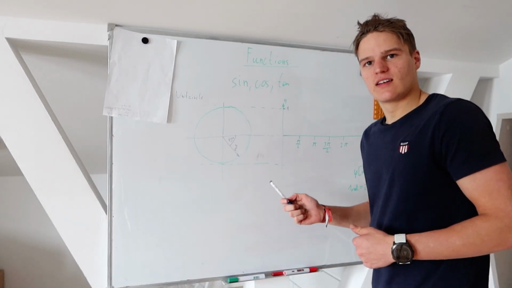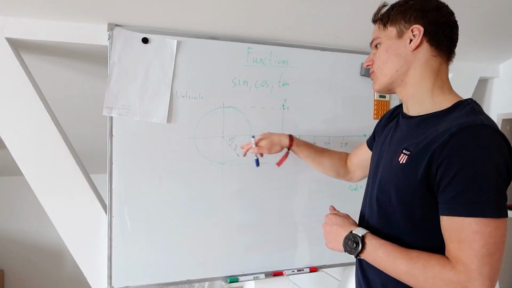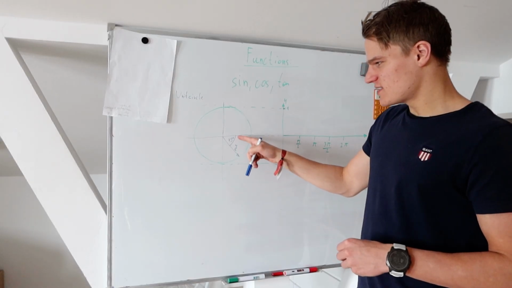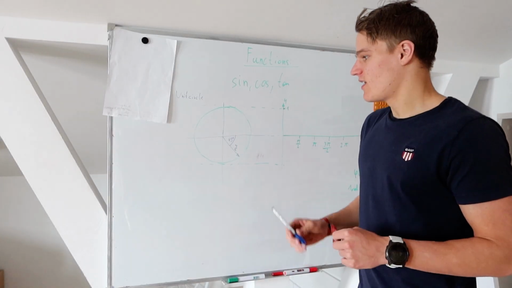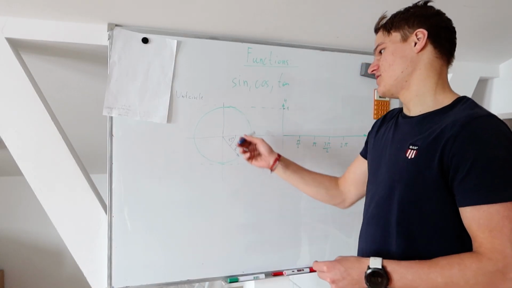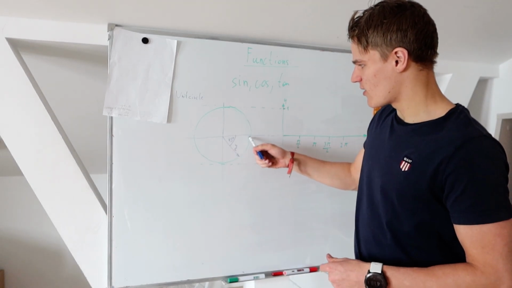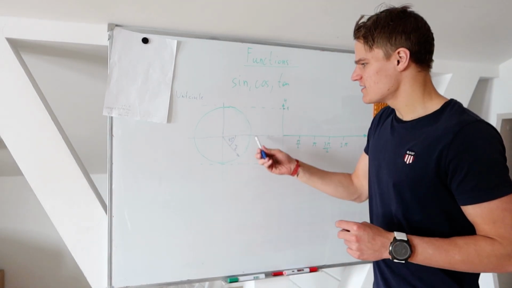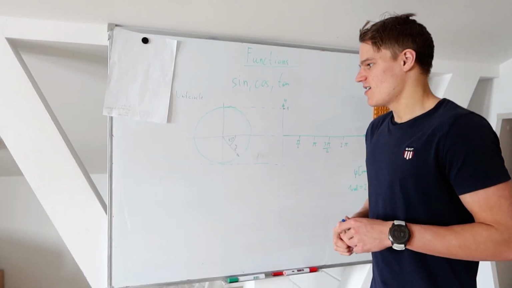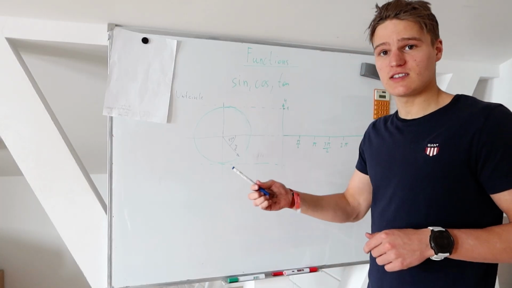Now I can say that from this line right here, which is our 0 line, or our line of reference, this angle is minus 45 degrees, because remember, in maths we're always going against the clock, which is the positive direction, and this is the negative direction. So I can say this is minus 45 degrees from our line of reference, or I can say that this is 315 degrees.